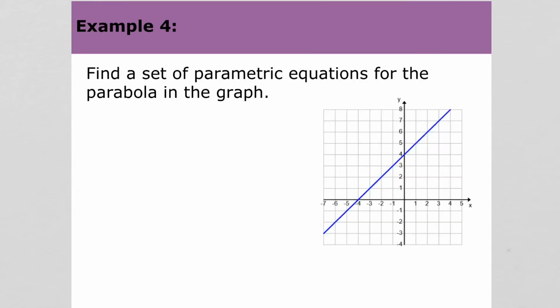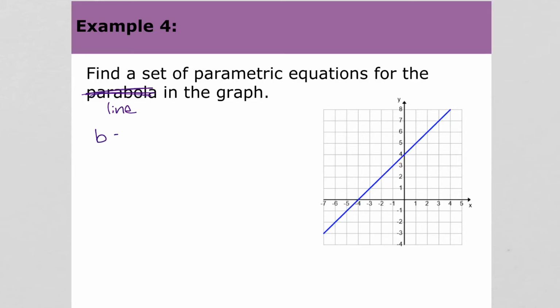So looking at example 4, it says find a set of parametric equations for the parabola. This is not a parabola in the graph. This is a line. Oh, let's change that. For the line in the graph. Okay, so what's the equation for this line?